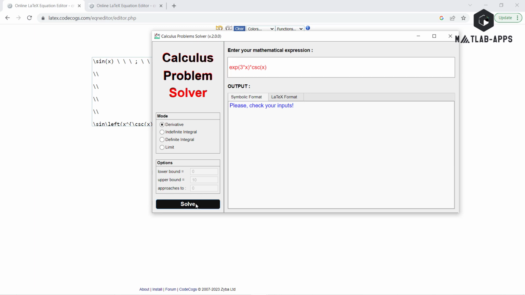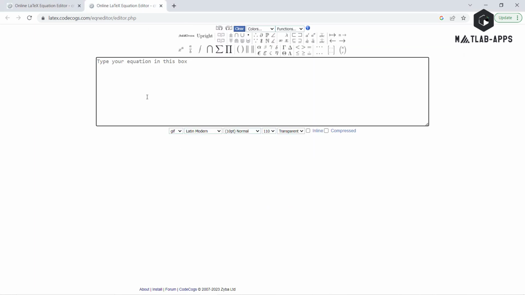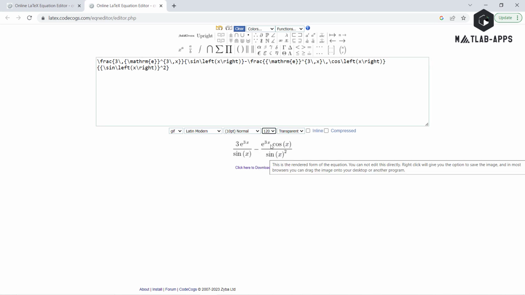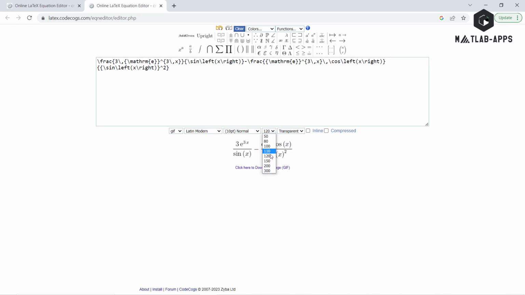Okay. So it will give us these equations. Let's see the LaTeX format, which is this one. Let's copy and paste it here. So it will give us this equation. So this is the answer. Let's make it 150. Okay.